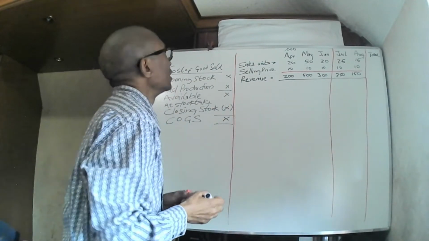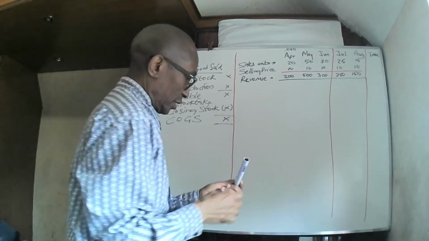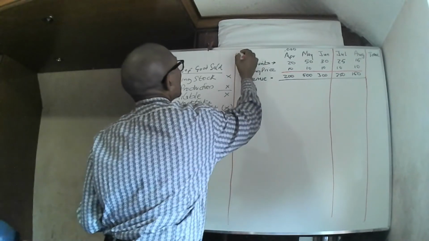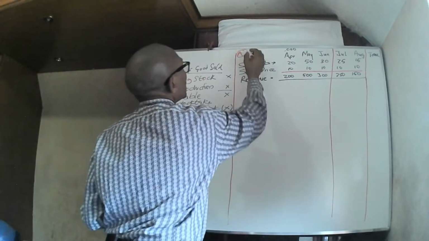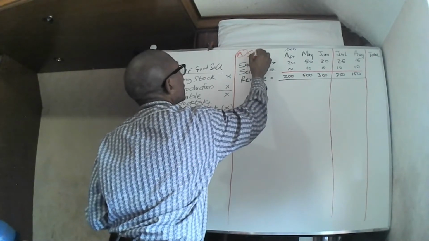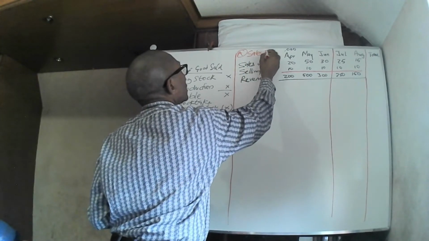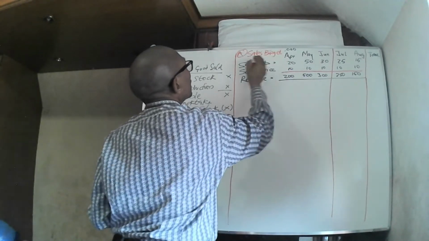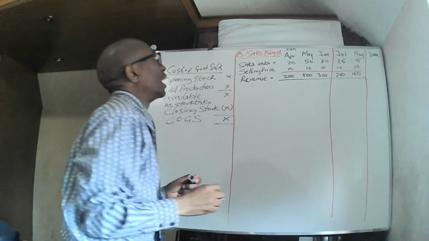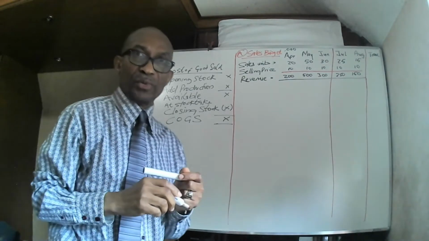So that is my A, sales budget. That's my A sales budget.